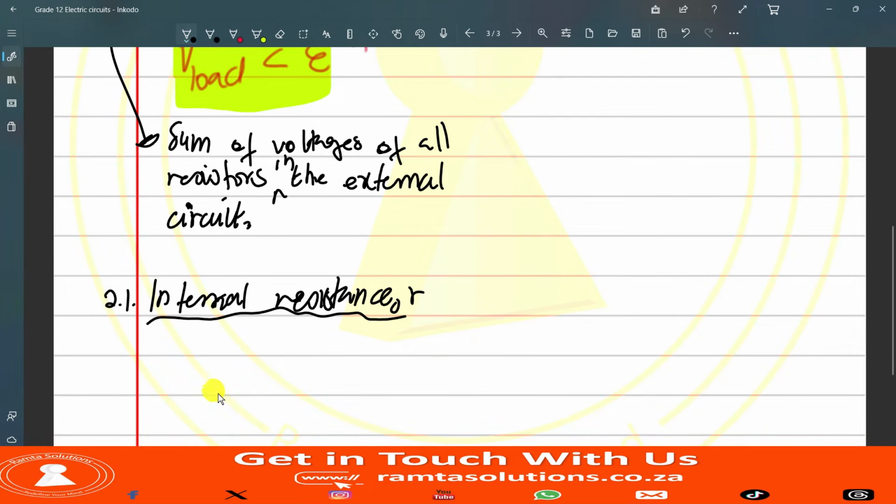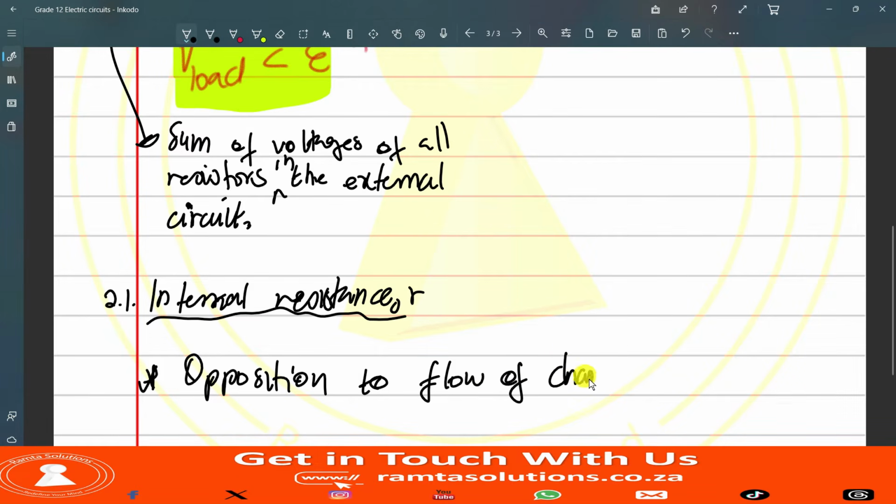No worries. So to define this internal resistance: normally we say resistance is opposition to flow of charge, isn't it? But this one, you must be careful.